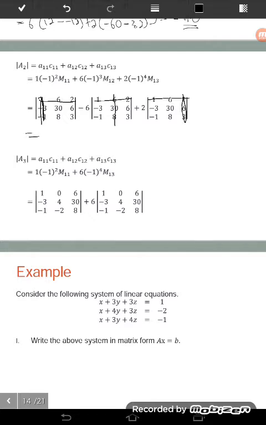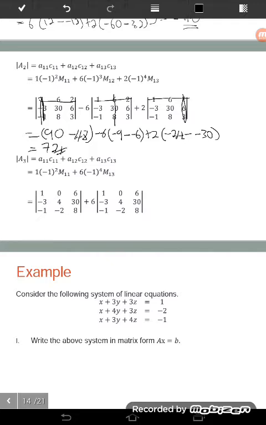Okay, so therefore it is equal to 30 times 3, which is 90, minus 8 times 6, which is 48, then minus 6, negative 3 times 3, which is negative 9, minus negative 1 times 6 minus negative 6, plus 2, and for this one negative 3 times 8, which is negative 24, minus negative 30. Okay, so the answer is equal to 72.